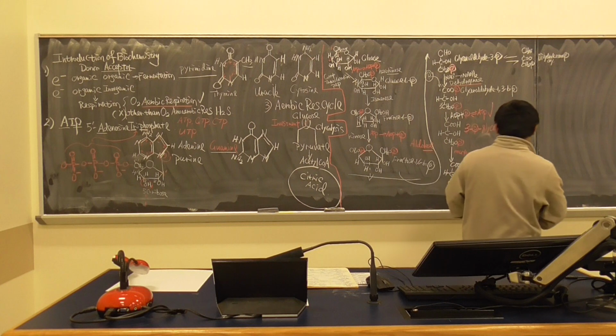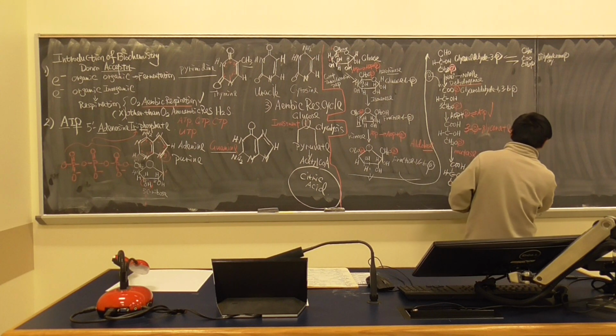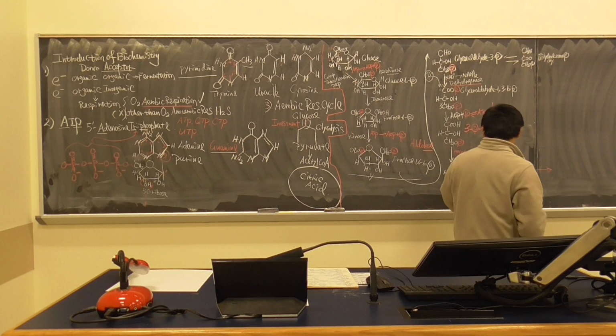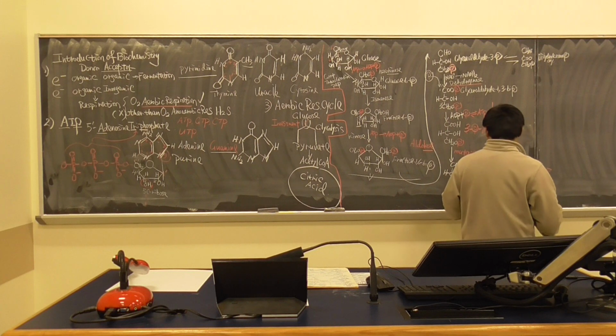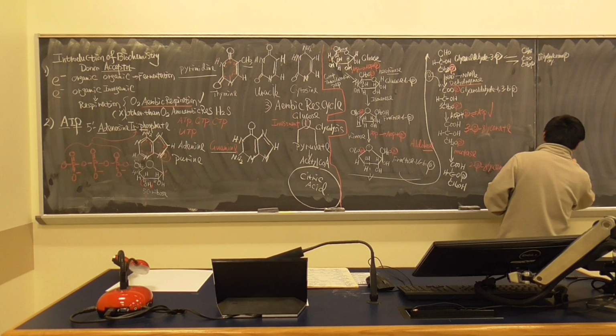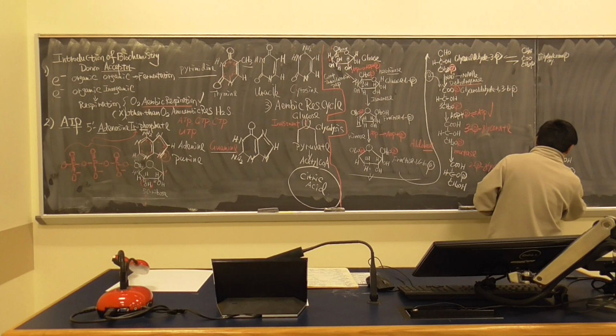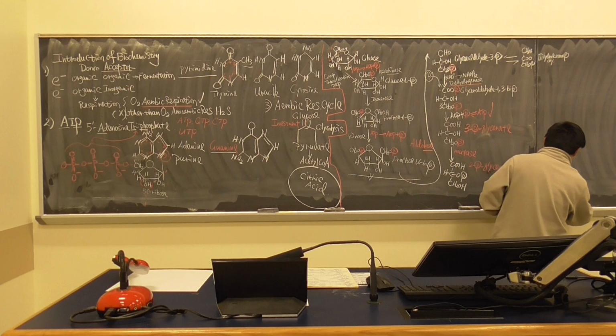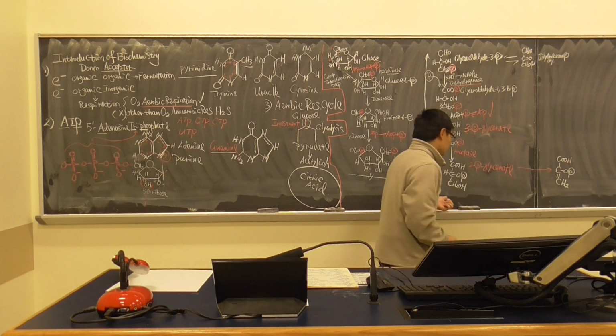Okay, when you go here, what's going to be? 2-phosphoglycerate. So you go here, you become COOH, CO phosphate, CH2. What's going to happen here?